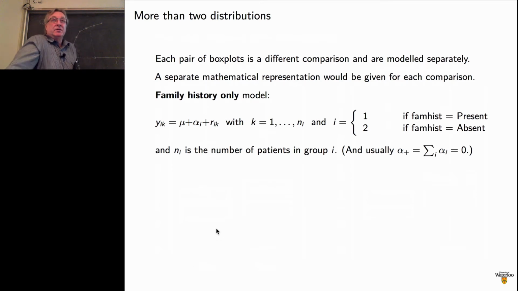But this is a convenient way to do this, that I've got an overall mean, and then whatever the difference is between the mean of those with family history and those without, compared to the overall mean, ignoring the family history. And to make this work so that I haven't got this over-parameterized, there's usually an additional constraint here that those alphas sum to 0.